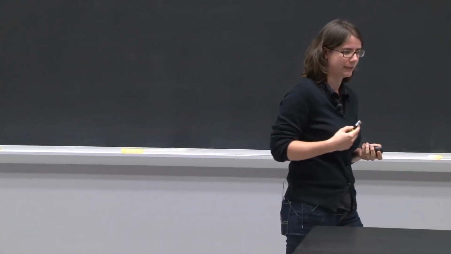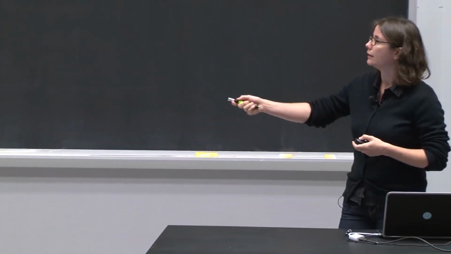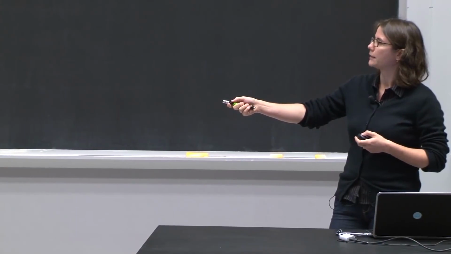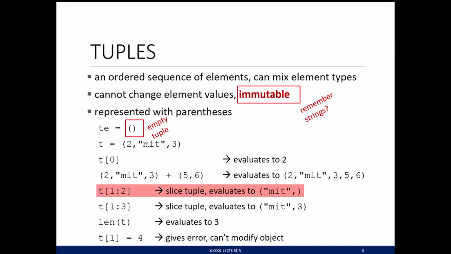Again, much like strings, we can slice into tuples. So t sliced from index 1 until index 2. Remember, we go until the stop at minus 1. So this only gives us one element inside the tuple. This is not a mistake. This extra comma here actually represents a tuple object.